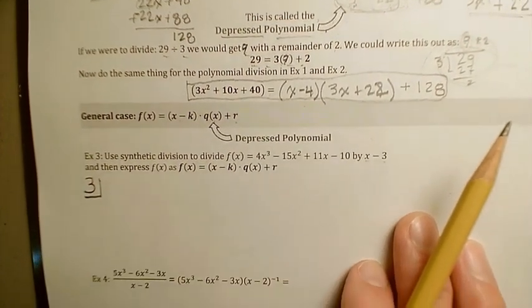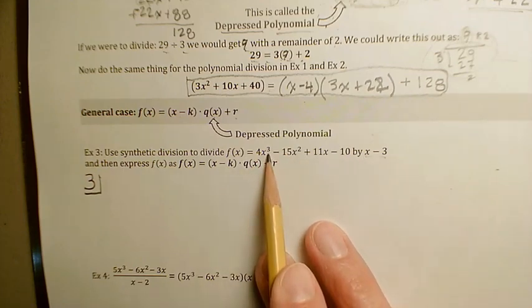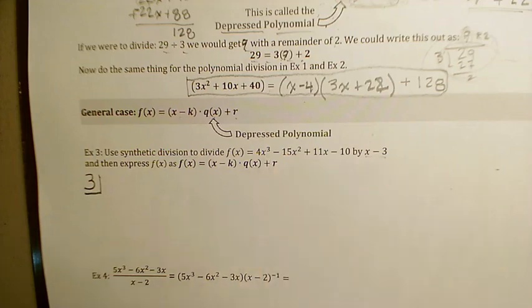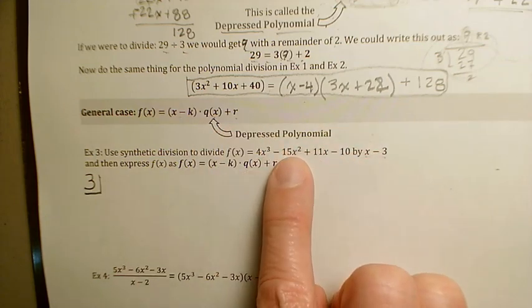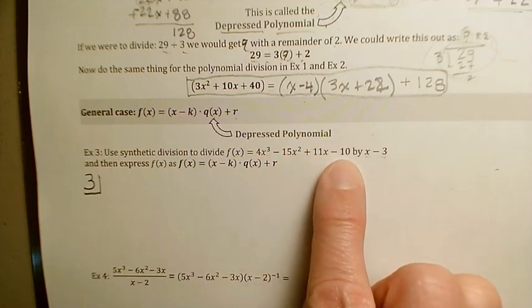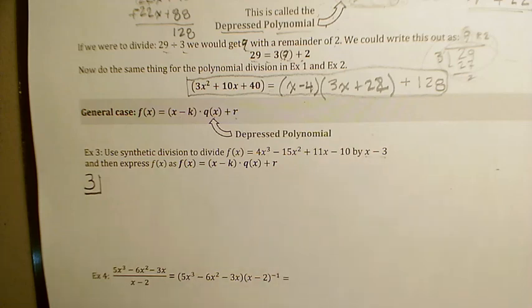So if you have any missing terms, you put the zeros in. Degree 3 means it should have 4 terms: degree 3, degree 2, degree 1, and degree 0, which is the constant. If it starts with a degree 3, make sure that you have 4 terms, and we do.